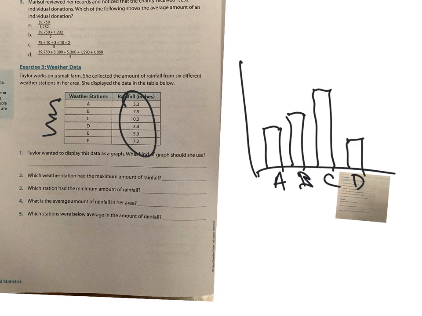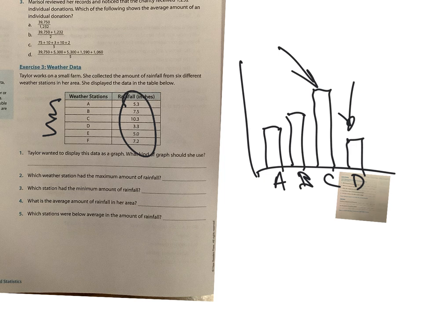So it's a lot easier to find out which weather station had the most rain and which weather station had the least amount, rather than a circle graph, which is a little trickier. I mean, circle graphs are good for certain things, but not when you're comparing things.